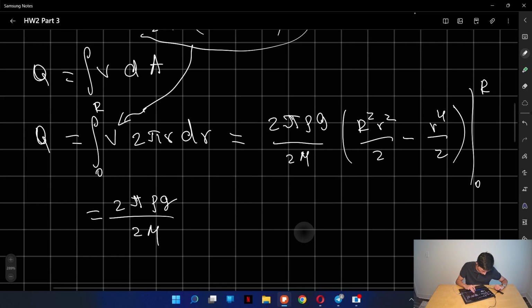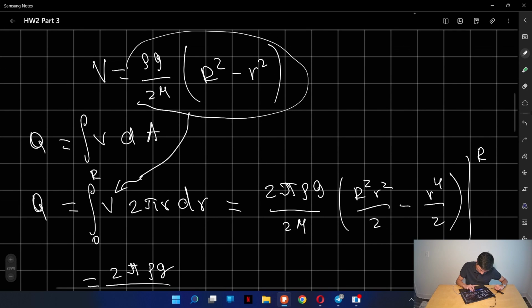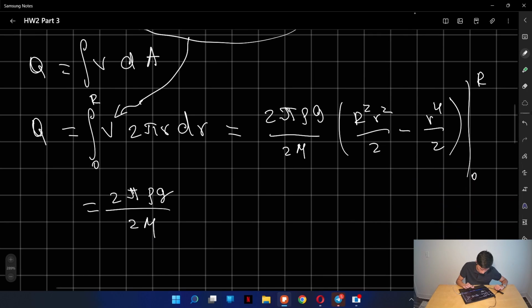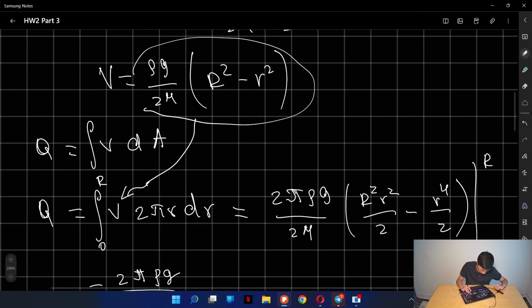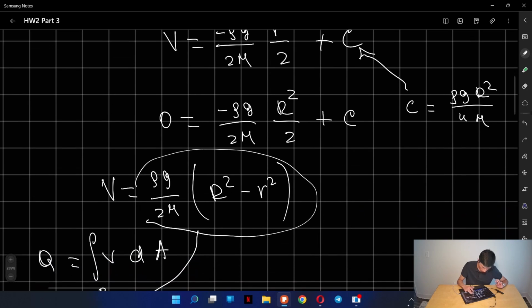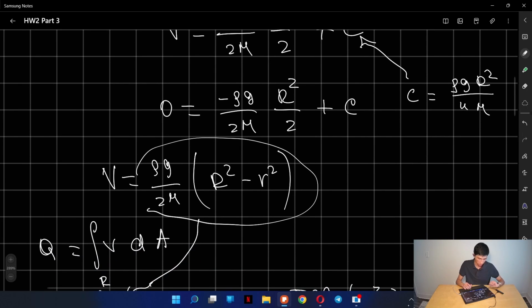I think I forgot something. So yes, when I was doing this step, I forgot to multiply it by 2.